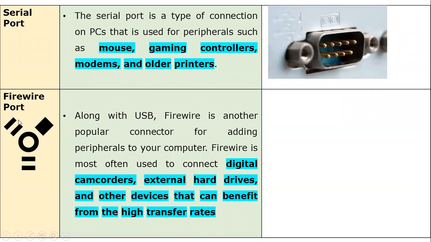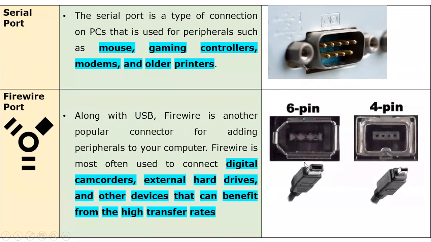Then this one is somewhat similar to USB, but its data transfer speed is much higher. That is called the firewire port. Normally, digital camcorders and external hard drives are attached with the firewire port. Here, look at some pictures of firewire.